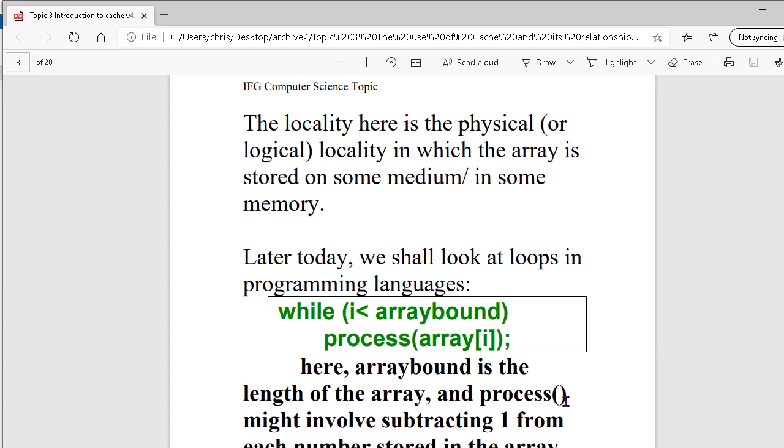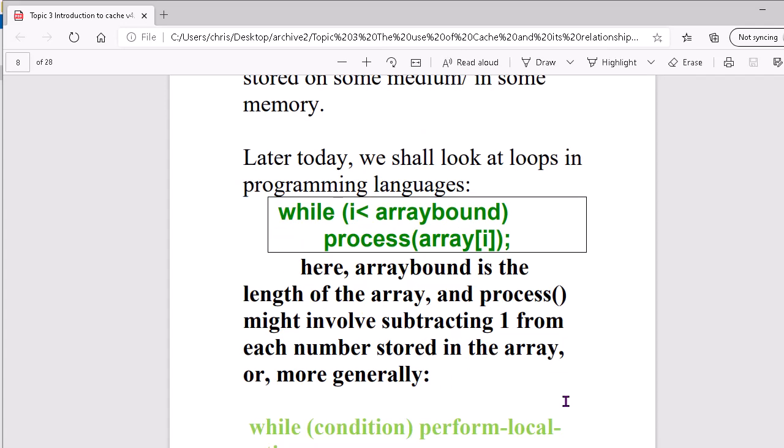Later today we're going to have a look at loops or while loops in programming languages. What I have in mind here to illustrate the principle of locality, in its spatial form, is this. Whilst the number I is less than the length of the array, i.e. less than the array bound, I want to process the ith array element, and then I is going to be incremented by 1.